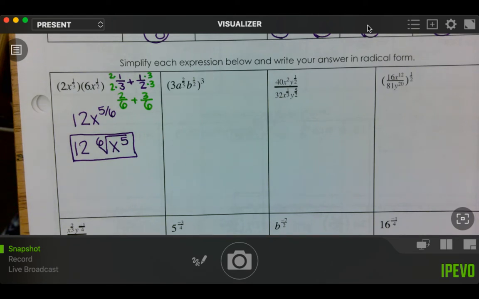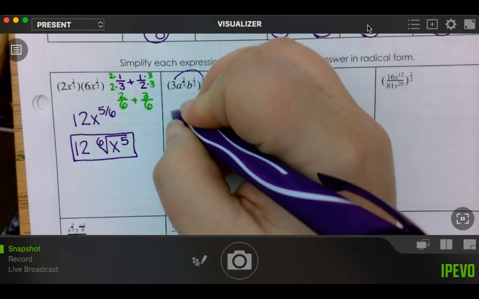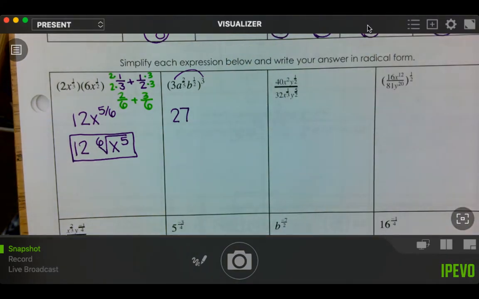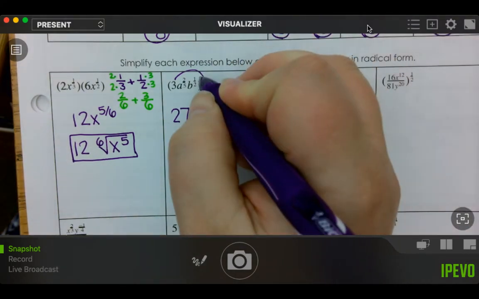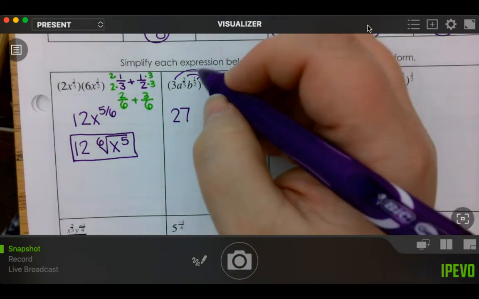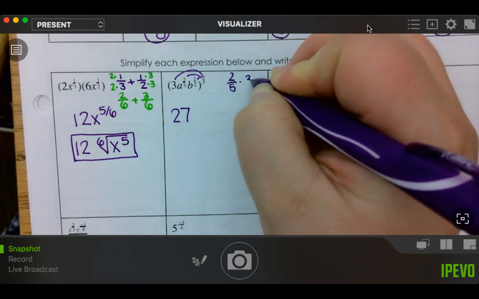And I'm going to take everything in this parentheses to the power of 3. 3 to the power of 3 is 27. That is a regular number, so it gets a regular power. But then I'm going to multiply to the rest of these. So 2/5 times 3.